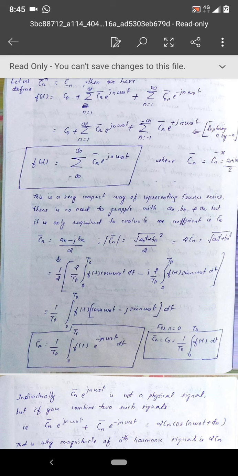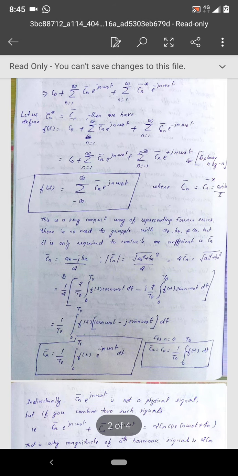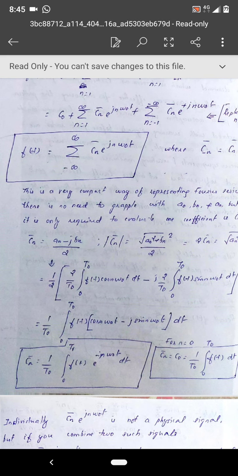Okay, now we have already described Cn bar as an minus jbn by 2.